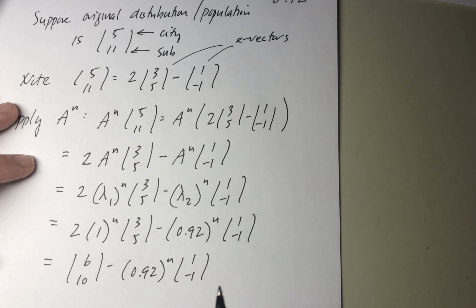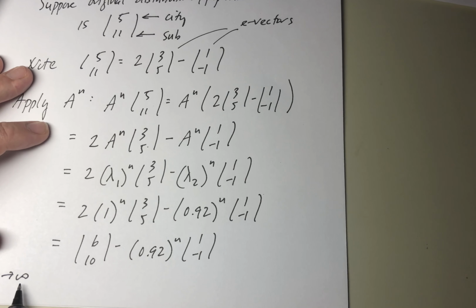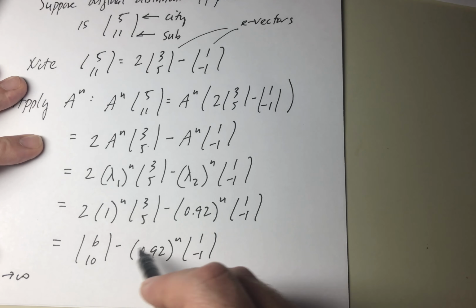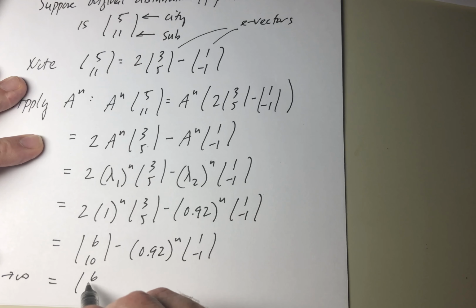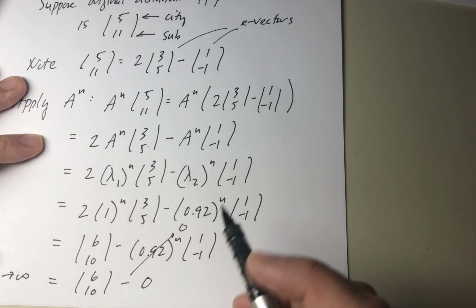Now, what are we interested in? We want to now take n to infinity, and if n goes to infinity, well, 0.92 times 0.92, that's getting smaller and smaller. I'm taking a fraction of a fraction. So this will equal (6, 10) minus, this will go to 0.